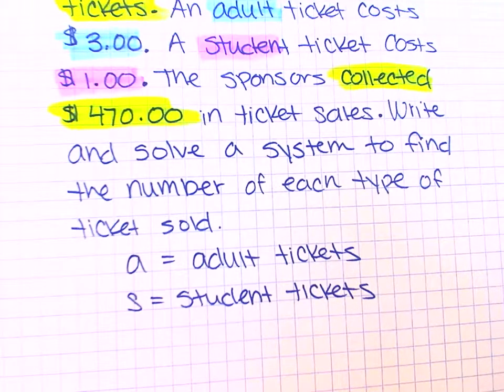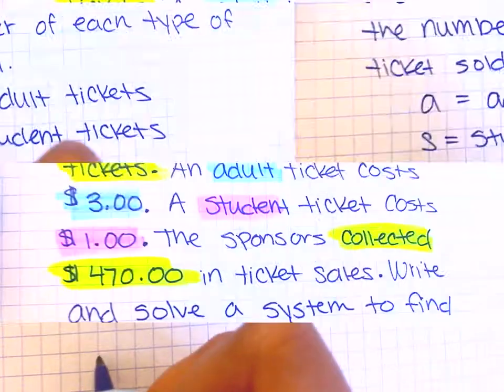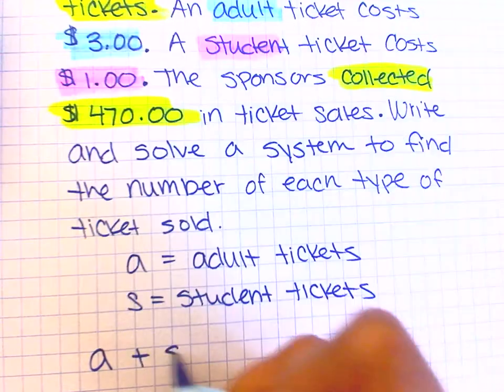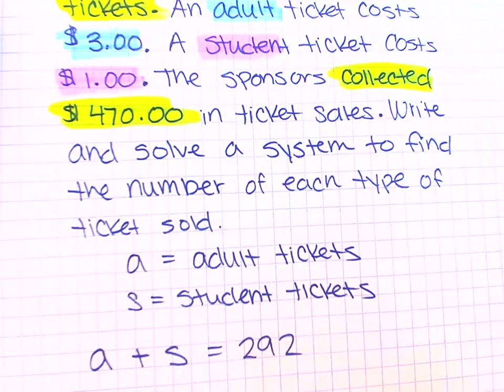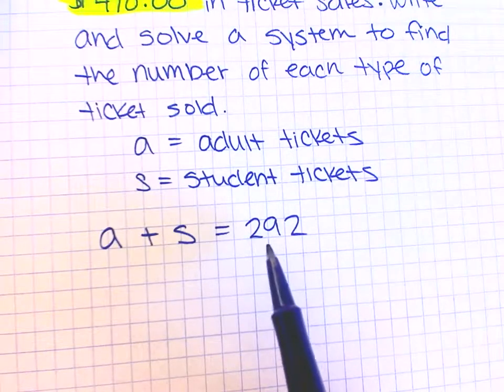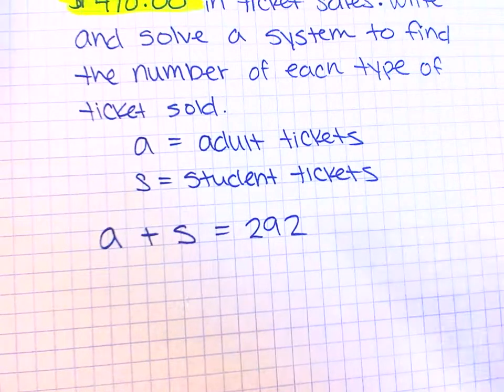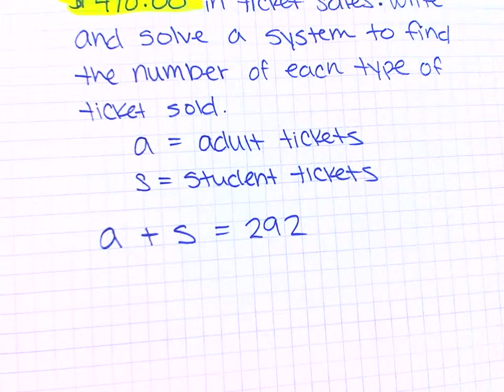We need to know how many tickets there were altogether. So adult plus student tickets was a total of 292. It's a mixture. We don't know how much of each. So that's our first equation: A plus S equals 292.